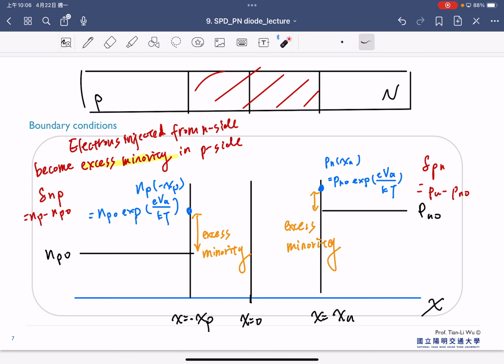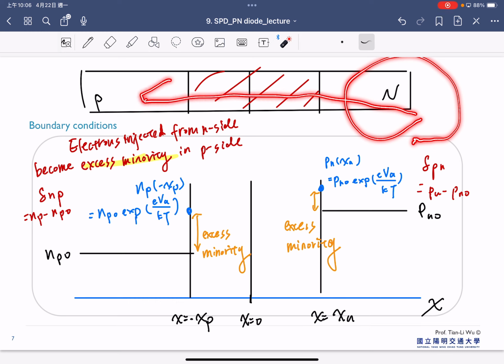Once the electrons are injected into this P region, the electron in the P region is actually the minority, but now this is additional electrons, so that's why these are excess minority carriers here.